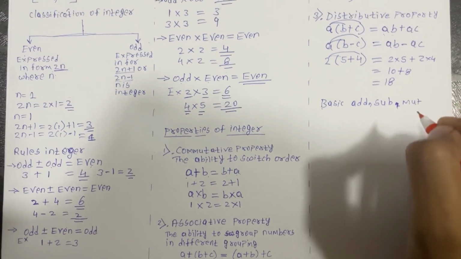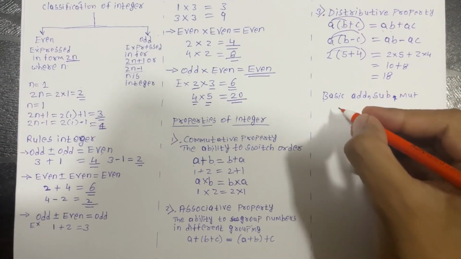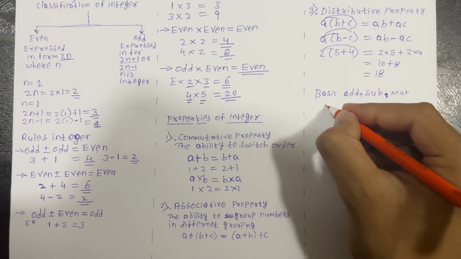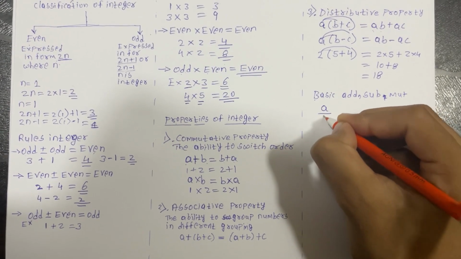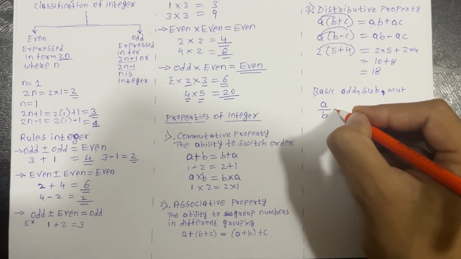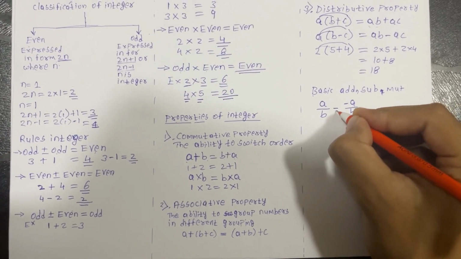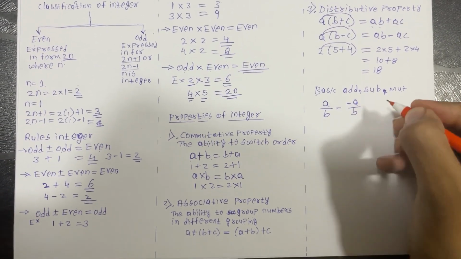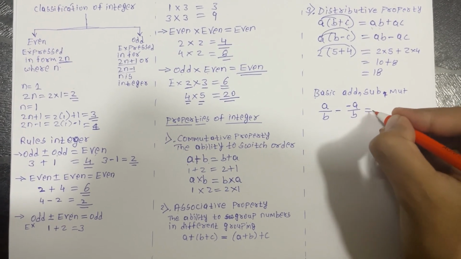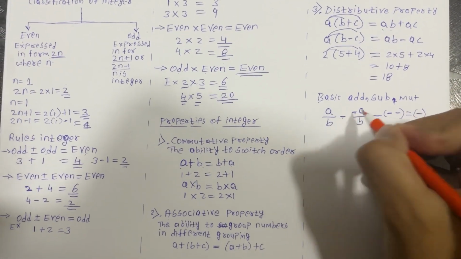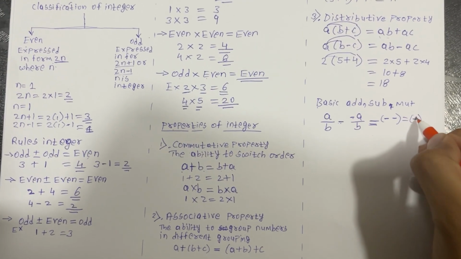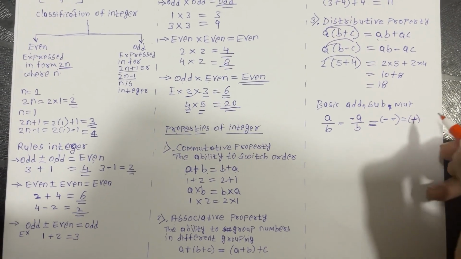So now I will explain all those properties. So if we are given firstly a by b minus of minus a by b, then minus into minus is plus. Keep that while solving the equation. So this minus into minus will become plus. Okay, so minus minus is plus.